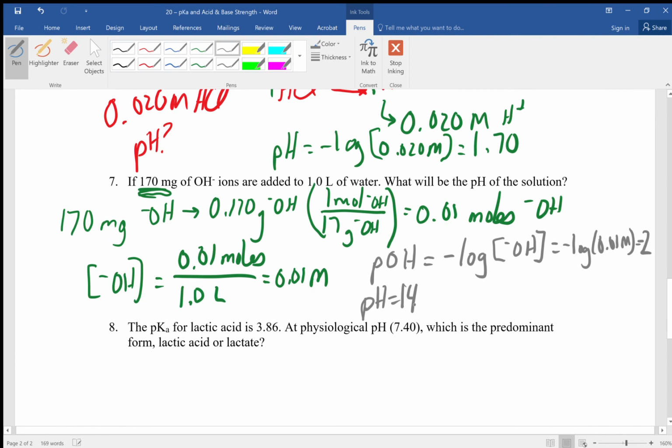So we can say that pH is equal to 14 minus pOH. We just determined the pOH to be 2. So we can say 14 minus 2 gives us our pH, or 12.